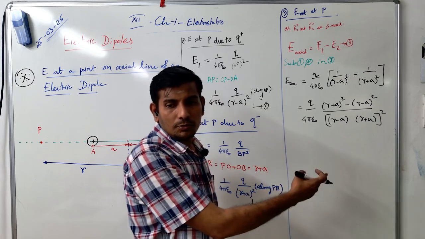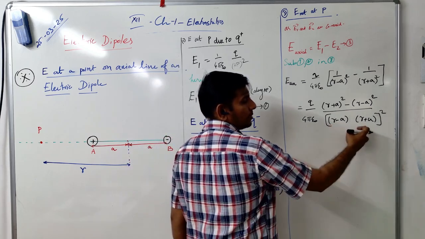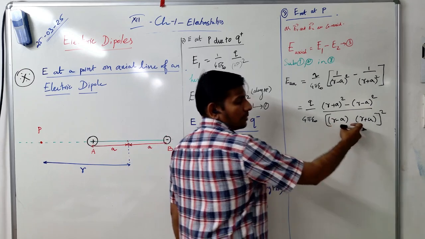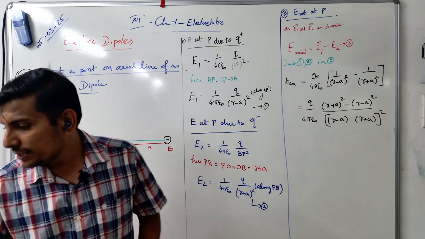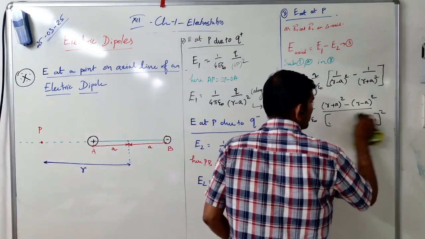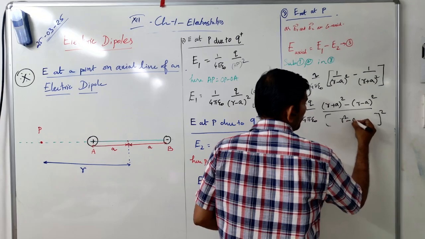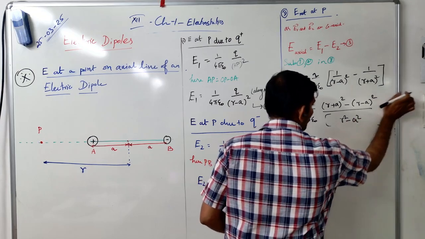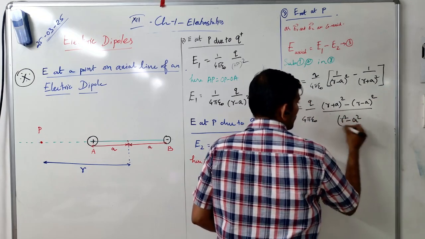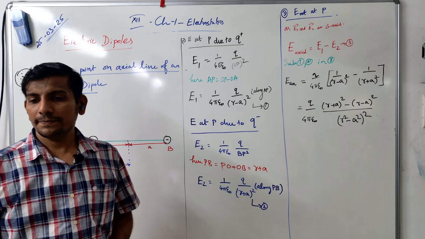Denominator, look at the board children. So this part is looking like A plus B into A minus B. Correct? So this part can be rewritten as (R squared minus A squared) the whole power. Correct?